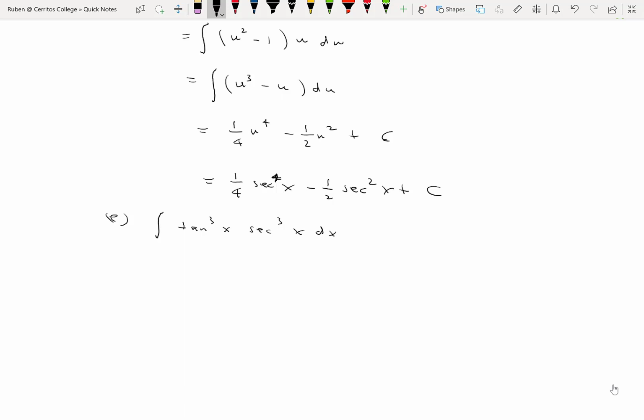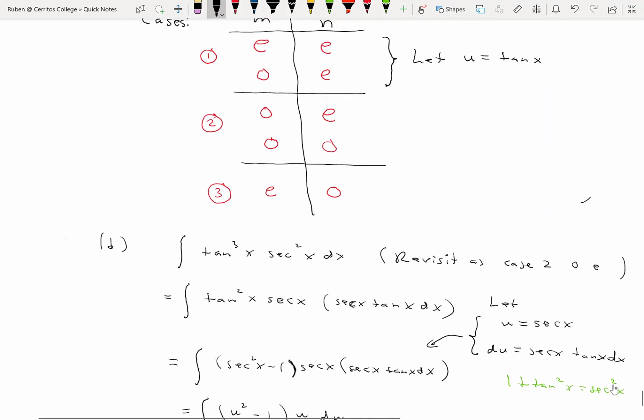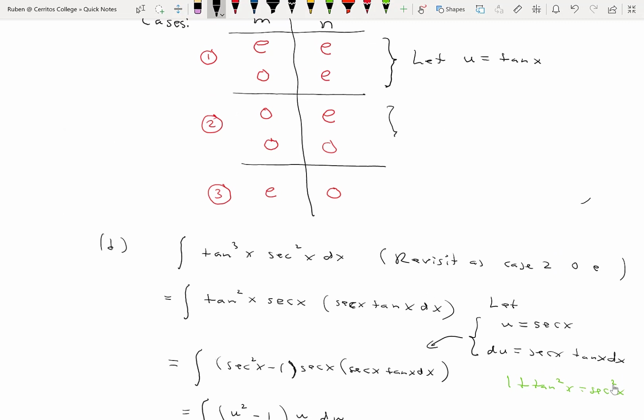Okay. So what did we do in the last example? In the last example, we let u equal secant. In fact, this is what we do for all of case 2. Let u equal secant x.